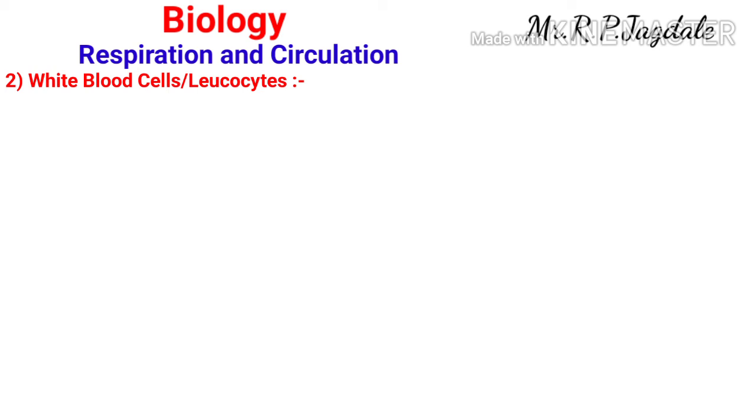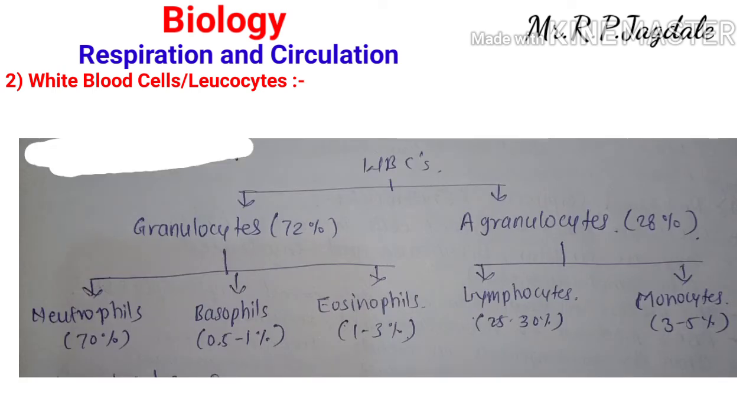Now how are they differentiated? You can see another chart of percentage differentiation. WBCs out of the total are divided into two types, granulocytes and agranulocytes.